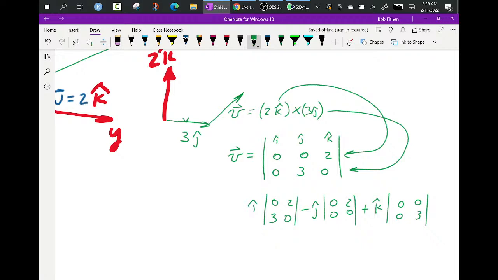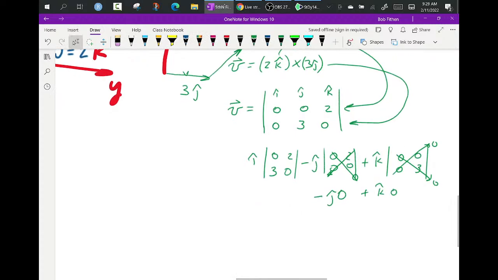Then you cross this times that, minus that times that, and it gives you nothing. This times that, this times that, nothing. And then you get this times that, minus this times that. So you get minus 6i. So your velocity looks like this.